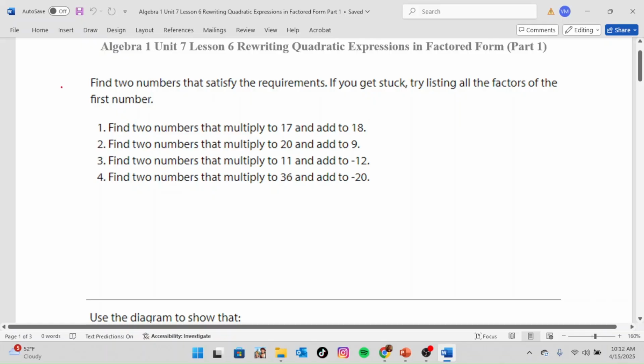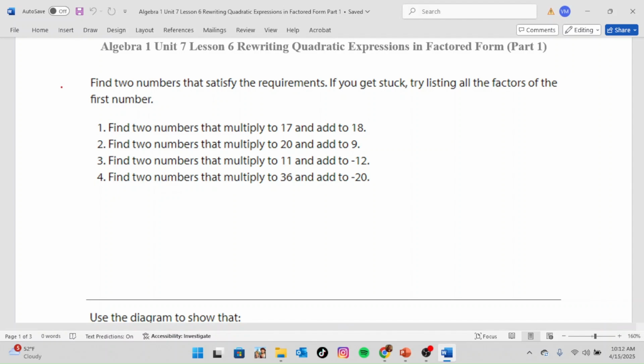So now we can begin on the practice problems for Unit 7, Lesson 6. And what we're trying to do in this first problem is get you used to understanding the basic part of the math that is going to be required in order to start factoring these standard form equations into factored form.